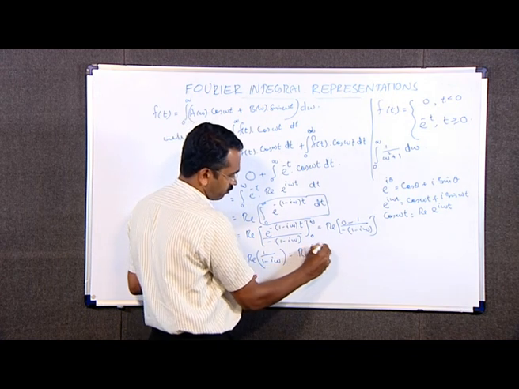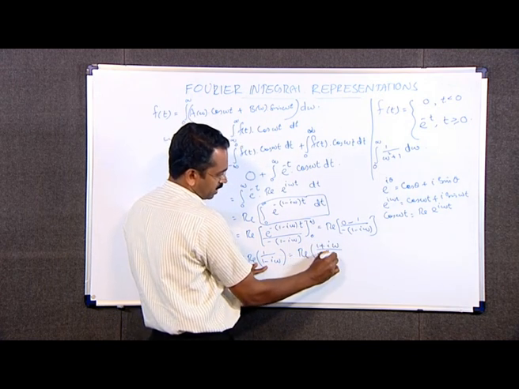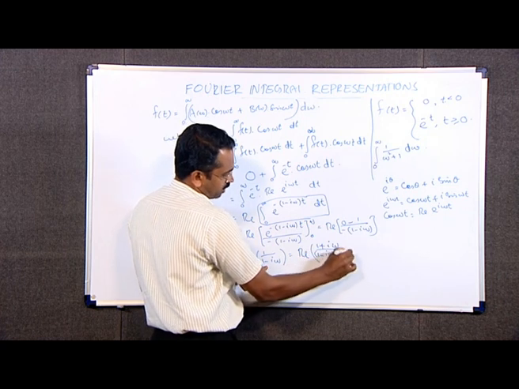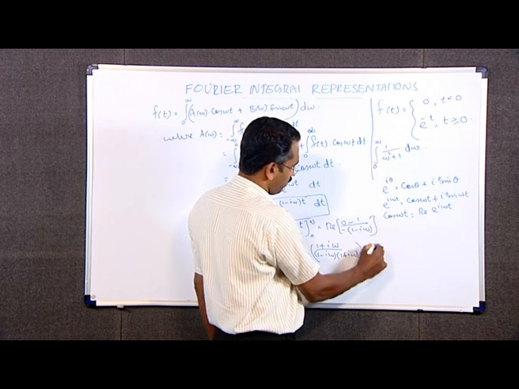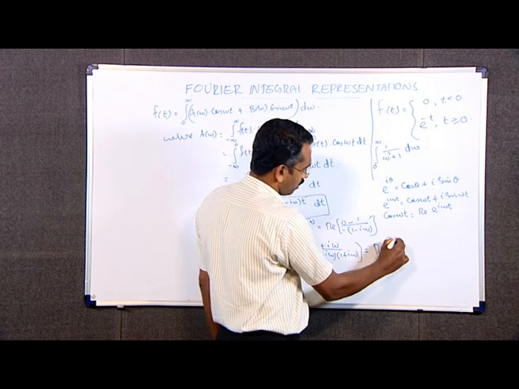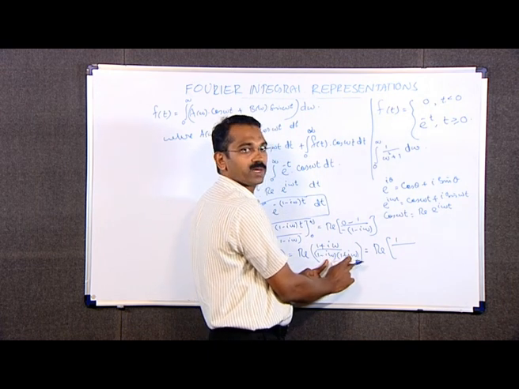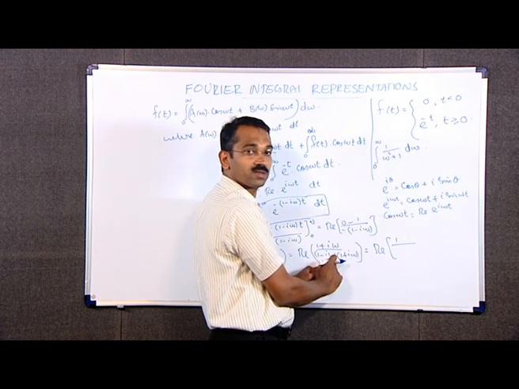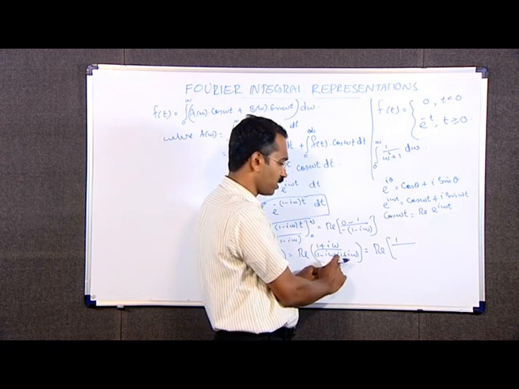That is real part of 1 plus i omega divided by 1 minus i omega into 1 plus i omega, which means 1 square minus i omega whole square, that is 1 square minus i square omega square.